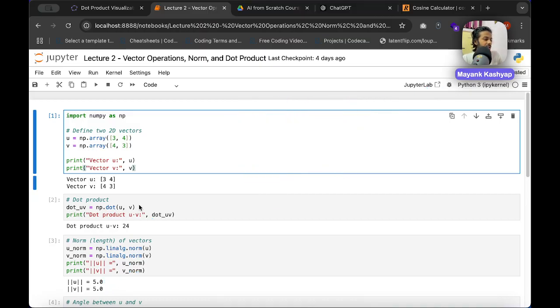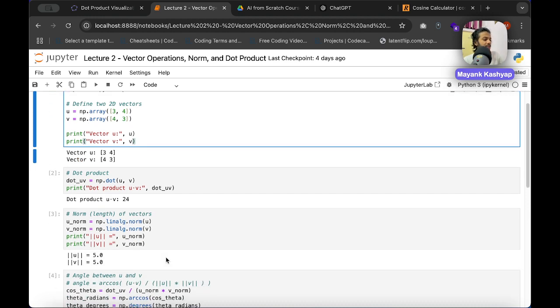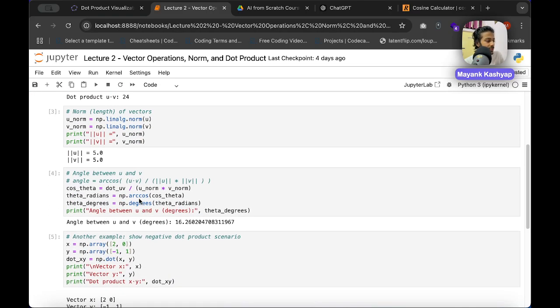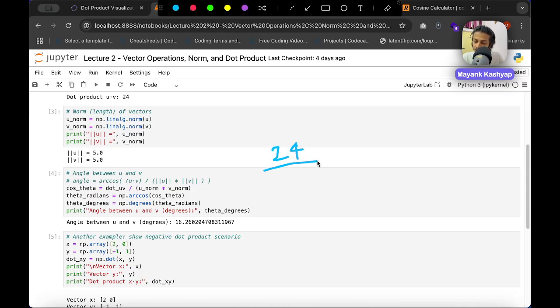Now for the formulas, I mean what method we are going to use, and the syntax of Python to calculate these, you can either create a cheat sheet kind of thing, or you can directly Google or ChatGPT. There's no need to remember these, right? Then we have the angle between u and v, so that we are calculating by putting the dot product first, that is 24, and then multiplying the lengths of the two vectors, which is 5 times 5.